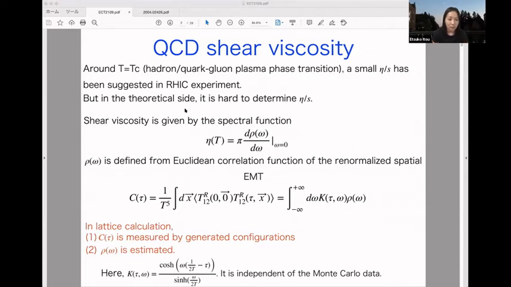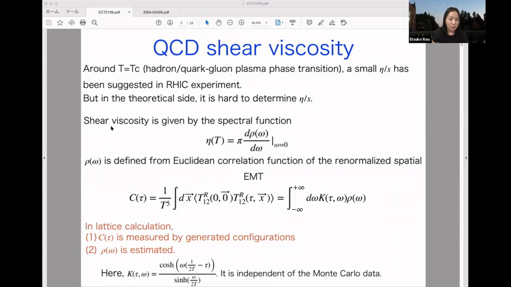But on the theoretical side, it is hard to precisely determine the value of eta over s. Actually, the thermal entropy is somehow precisely determined by lattice QCD calculation. But the problem is how to find the precise data of eta in lattice QCD calculation.